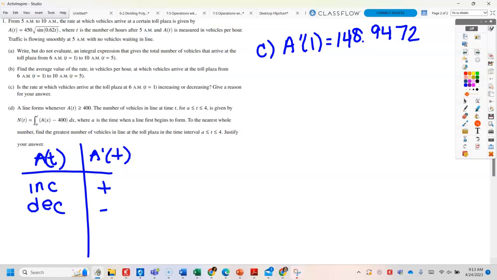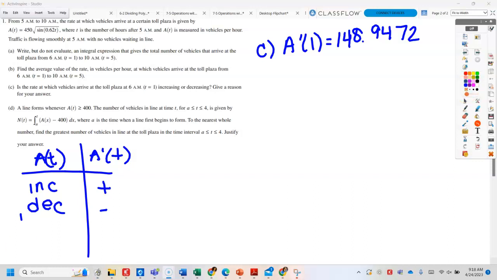The second point for this problem is earned by describing this in calculus terms. So my justification is for giving my reason. So A prime of 1 is equal to 148.942.